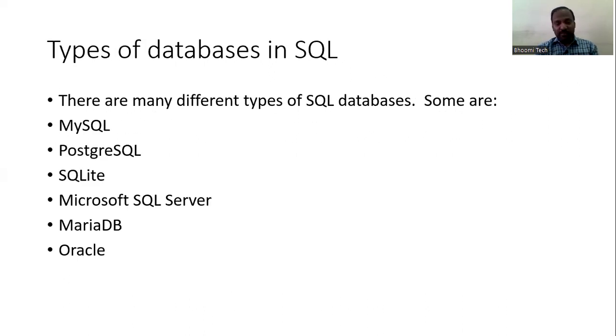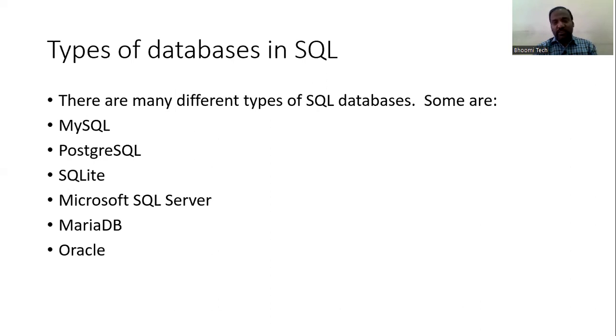So there are different types of SQL databases in the market. There are a lot of databases in the market, and we are studying MySQL. MySQL is not open source, but it has the community edition to learn and to practice.